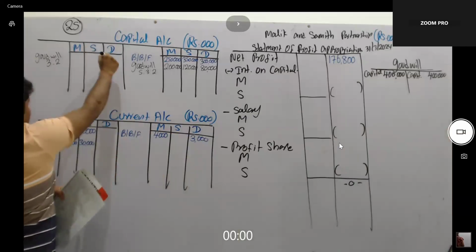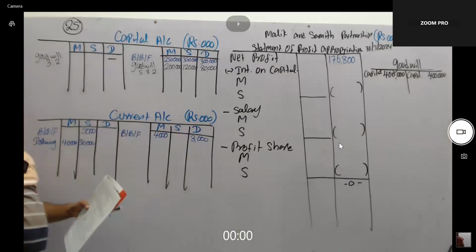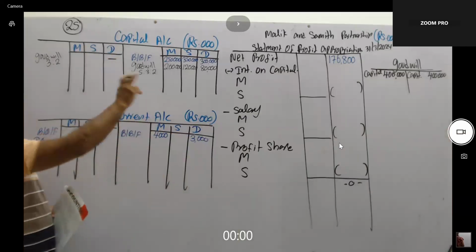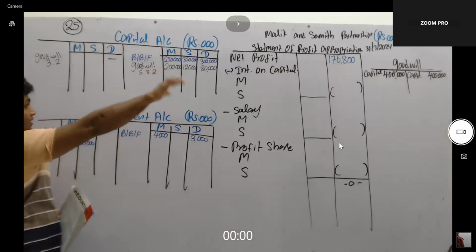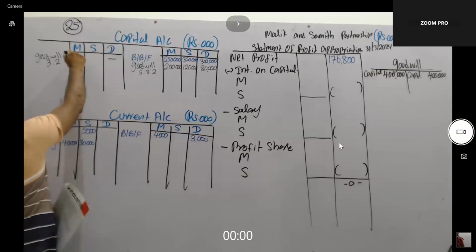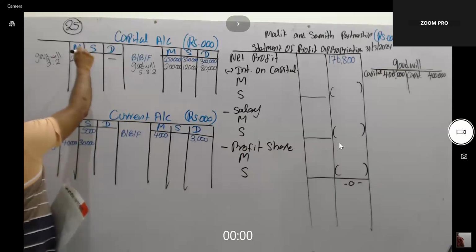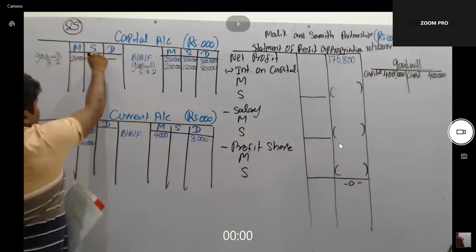Now in the new ratio Dayananda is not available, only 2 partners are available. Goodwill has not changed, the value equals 400,000. Goodwill account credit, partners capital accounts debit. Therefore 400,000 divided by 5 into 3 equals 240,000. And here will be equal to 160,000.